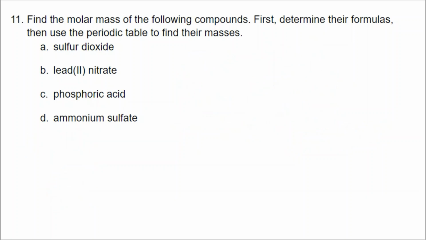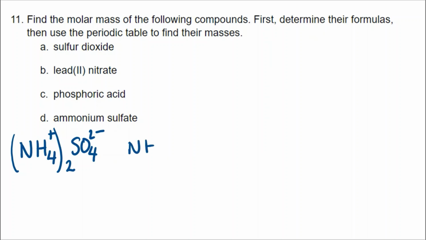The last example here is ammonium sulfate. Ammonium is the polyatomic ion NH4, and it has a +1 charge. Sulfate is SO4, and it has a -2 charge. So in order for these charges to balance out to 0, I'm going to need 2 of these ammoniums.